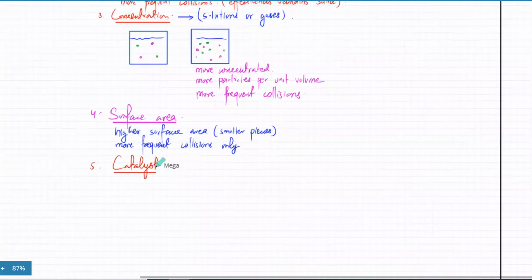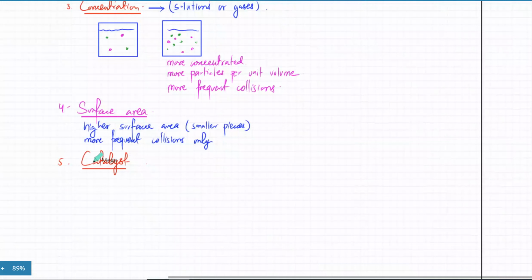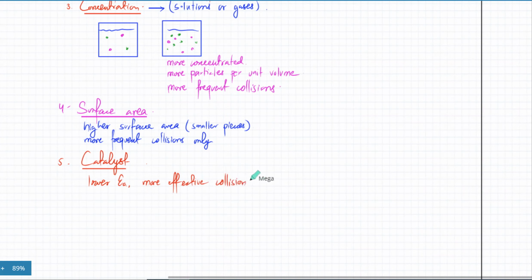What a catalyst does is it lowers the activation energy, and you get more effective collisions. Previously you were having 100 collisions and very few, like 10, were successful in breaking the old bonds and forming new ones. But now you have the same 100 collisions, and 50 of them are successful. So the reaction speeds up.